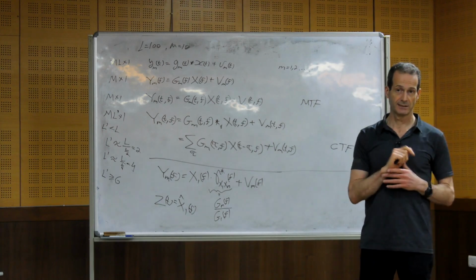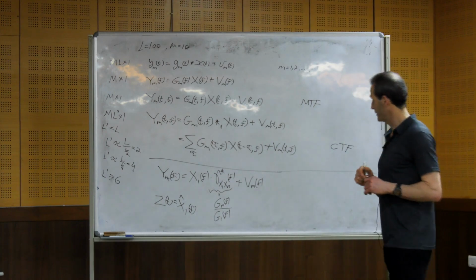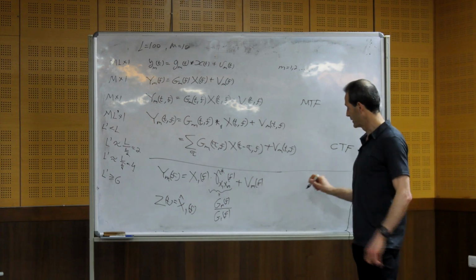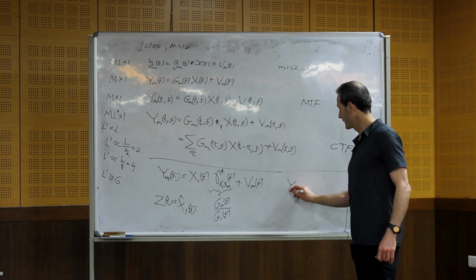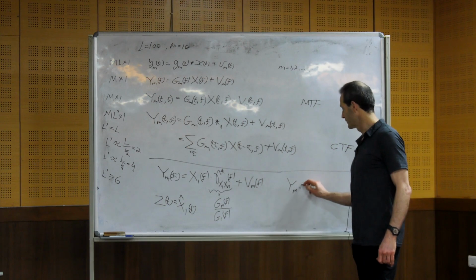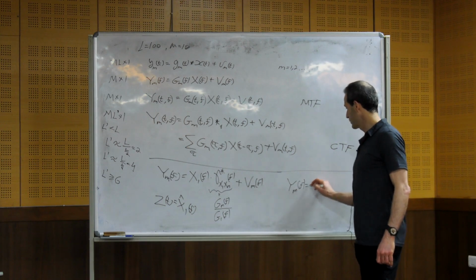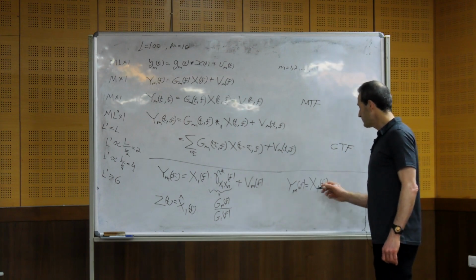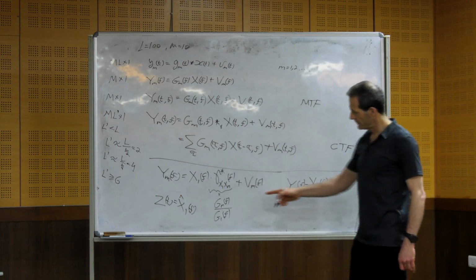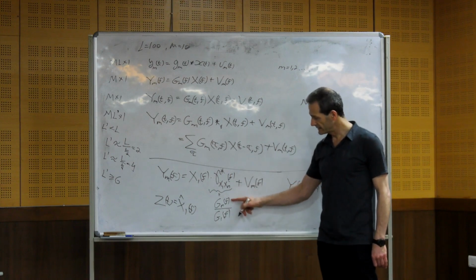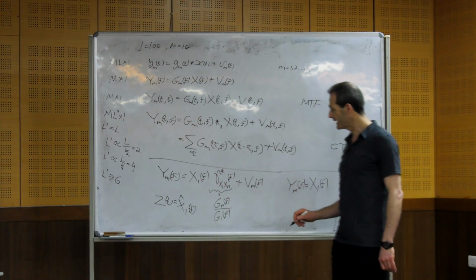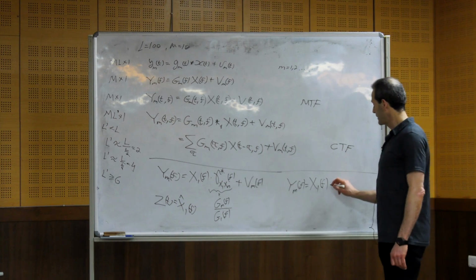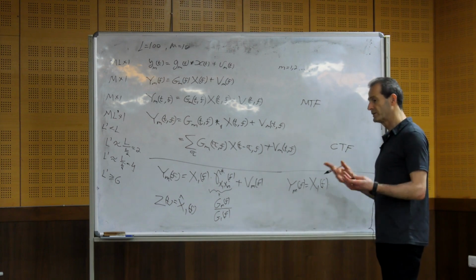You work with directions. So with beamforming, the model will be Y_m(f) equals X_1(f) multiplied with, instead of relative transfer function, we take the value of the direction, okay?